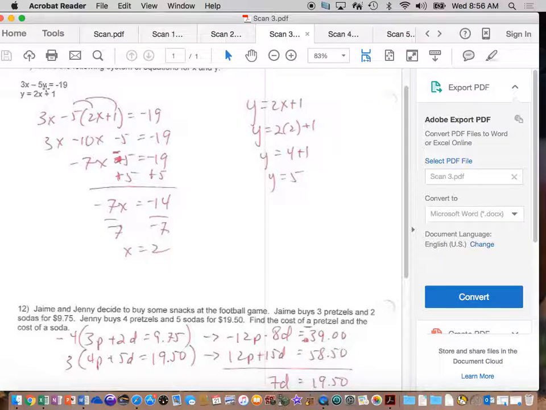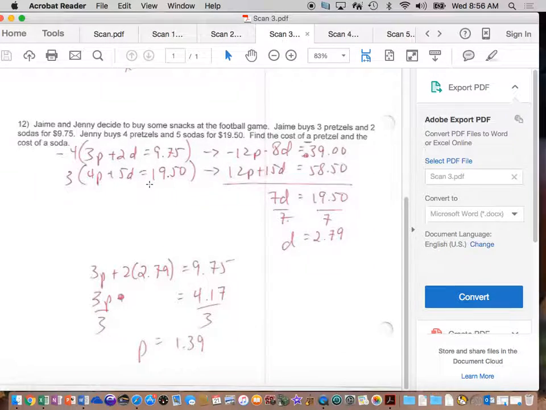The only change you're going to make is you're going to take the one variable that's in terms of the others. In other words, the y is 2x plus 1. I'm going to trade that y in for the 2x plus 1. And then after that, it just becomes algebra. I get it now, that makes more sense. Okay, number 12, which is your classic elimination problem.